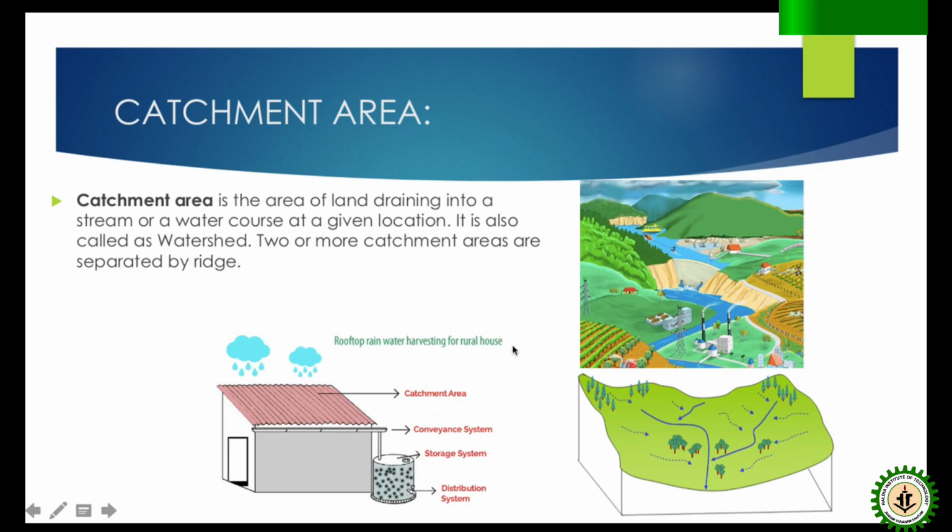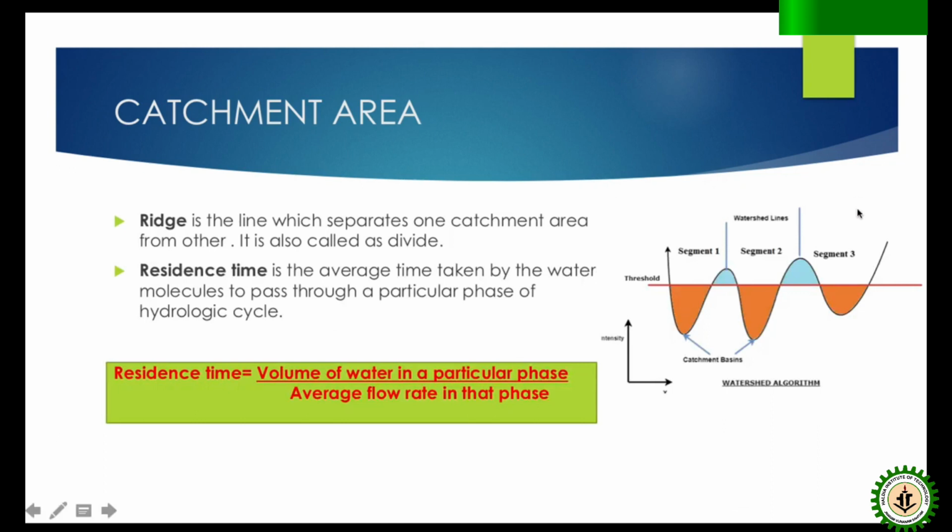If there are two or more catchment areas, how are they separated? Let's see. For example, this is a catchment area, and this is one more catchment area. If we see this segment, there are two highlands and a lowland in between. All the water from here to here is collected in this, whatever precipitation occurs on this side of the hill.